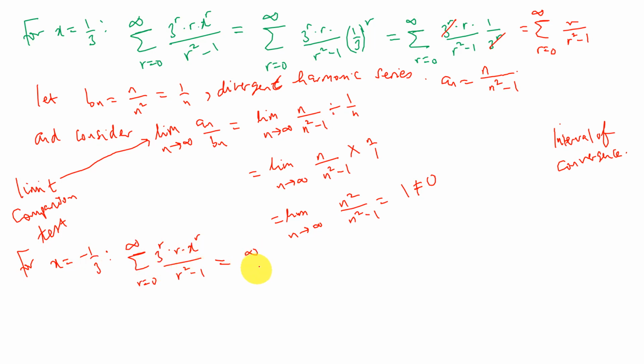And which is the same as this one here, the sum of 3 to the power r, then minus 1/3 to the power r divided by r squared minus 1. So we continue.